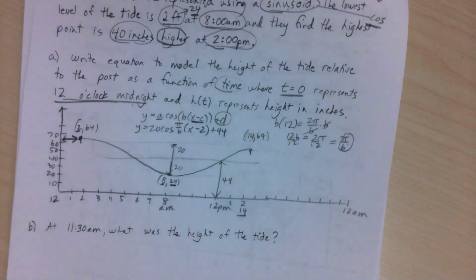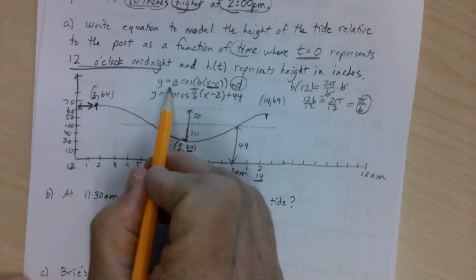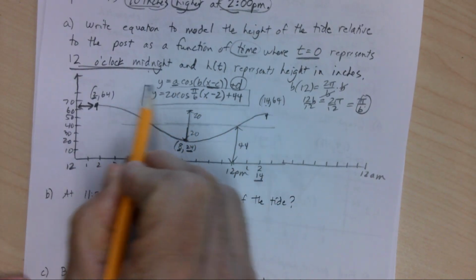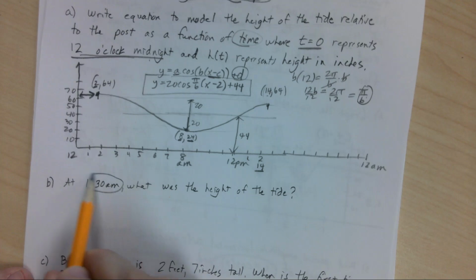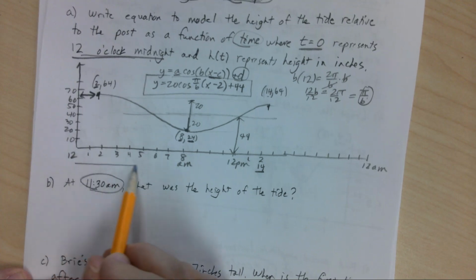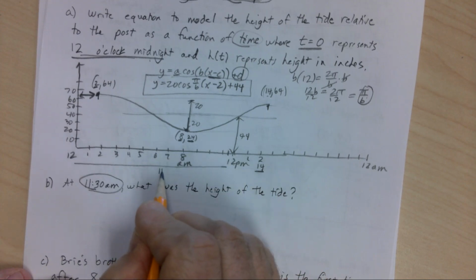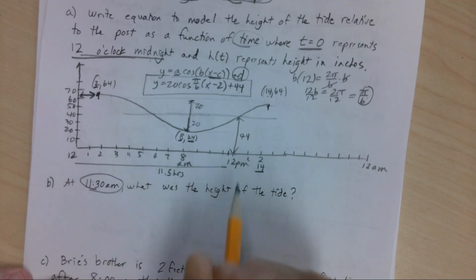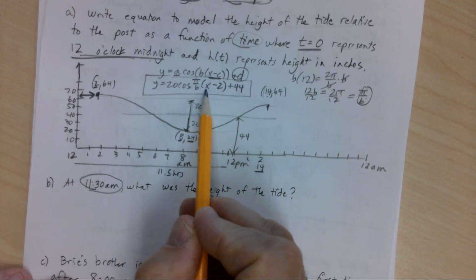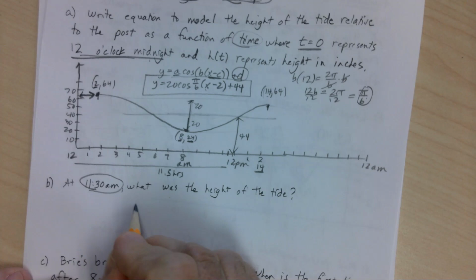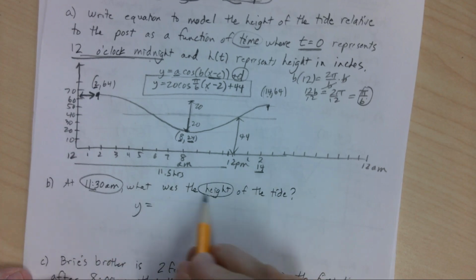All right. Now, they're going to start hitting us with some questions. And we're going to use this formula. And it says, at 11:30, well, let's think for a second. That's all the way to here. How many hours is that? That's 11.5 hours. That's what we're going to put in for x. You can use a t if you want. So we're going to go y equals, notice it says what's the height?